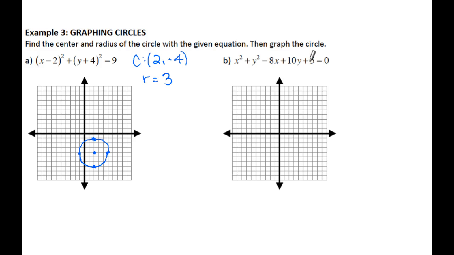For letter B, this is not in standard form, so we're going to get it into standard form first. We're going to move the 5 over. So I have x squared minus 8x plus a blank plus y squared plus 10y plus a blank equals -5 plus a blank plus a blank. Running out of space. Take half of -8 and square it.